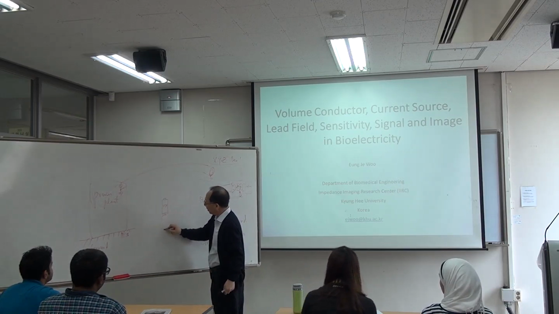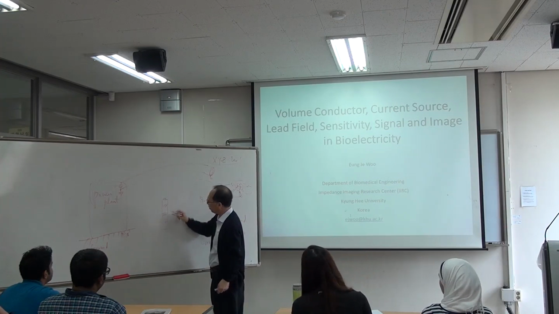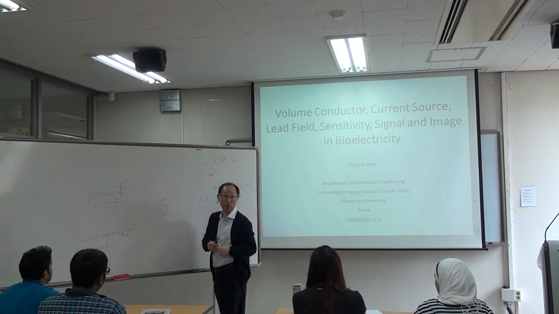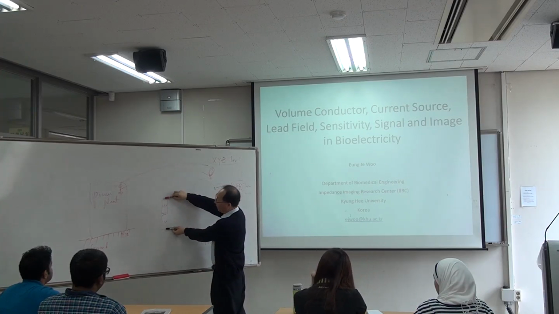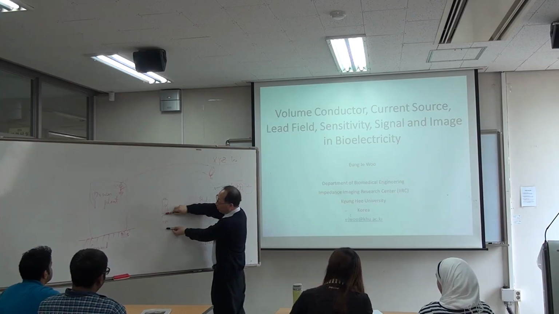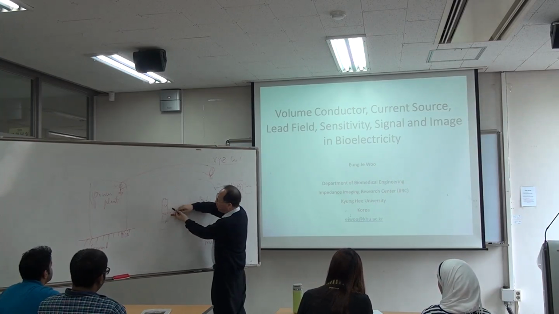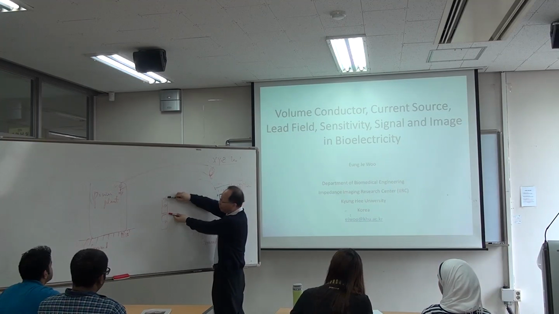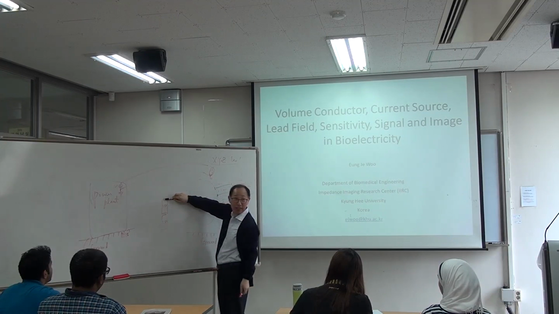If I connect two 1.5 volt batteries in series and measure voltage like this, what's going to be the voltage? 3 volt. What's going to be the voltage? 1.5 volt. What's going to be the voltage? Minus 1.5 volt, because I am using this as the voltage reference.